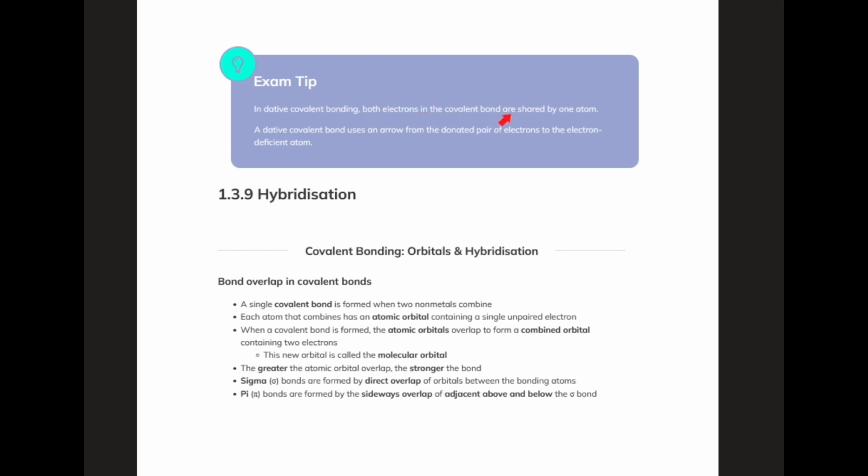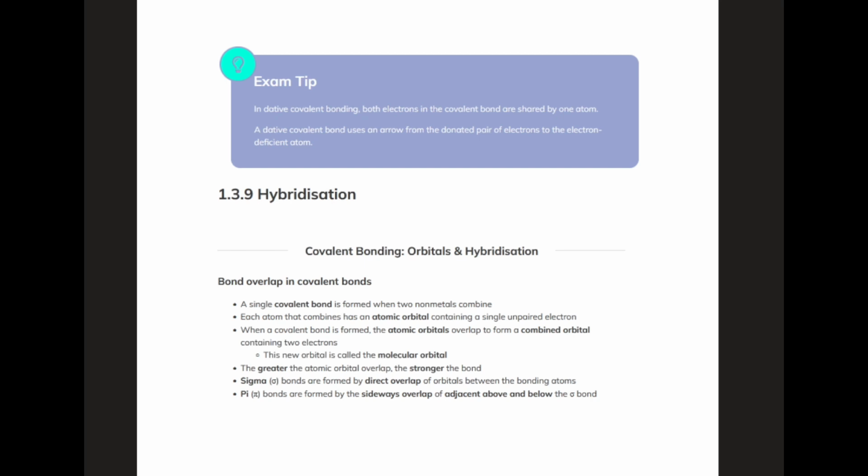Both electrons in the covalent bond are shared by one atom, and another atom is electron deficient, so that it takes the lone pair. So a dative covalent bond uses an arrow from the donated pair of electrons to the electron deficient atom. So you remember these two first as your examples, which are the ammonium ion and the dimer aluminium chloride. So that will be your example to form the dative bond.